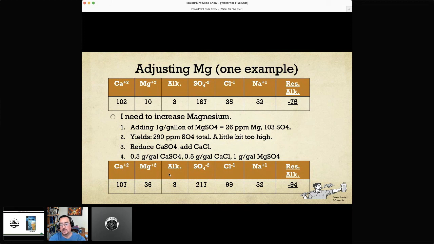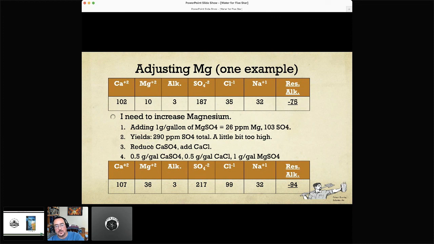And that's going to give me 26 ppm of magnesium and 103 ppm of sulfate for that 1 gram per gallon. And doing so, if you go through the software, the calculators, that's going to give you about 290 ppm of sulfate total. A little bit high for a pale ale. Maybe good for a nice strong West Coast IPA or double IPA, but a little bit heavy for a pale ale.